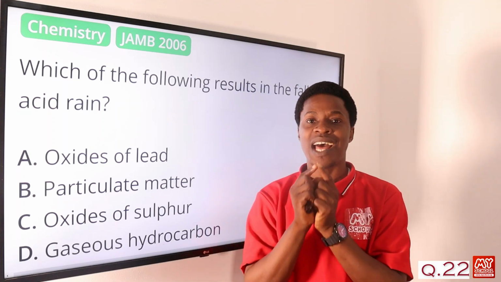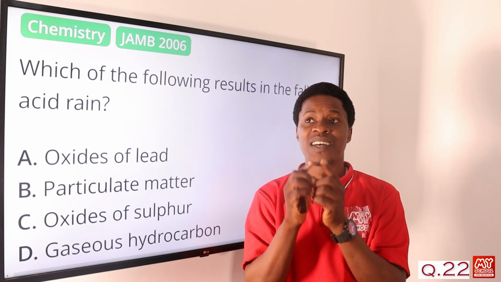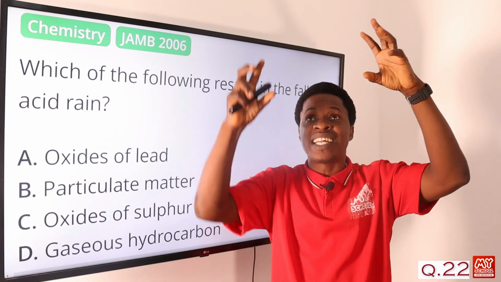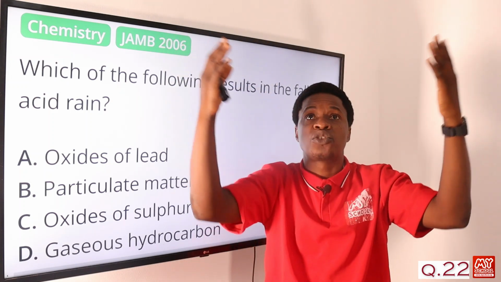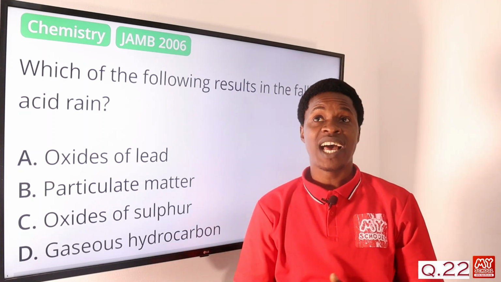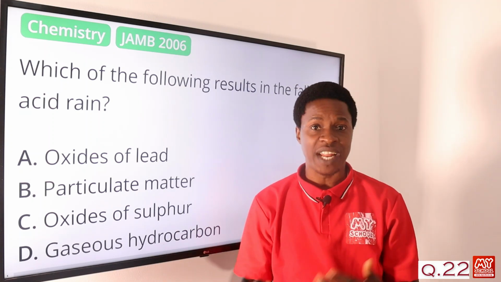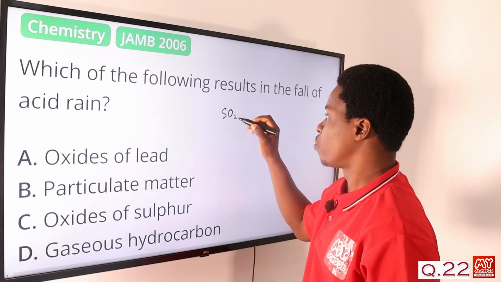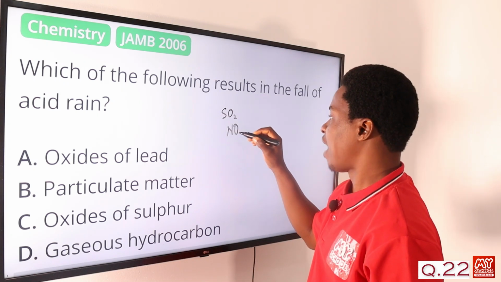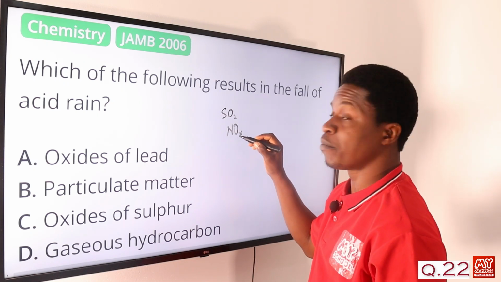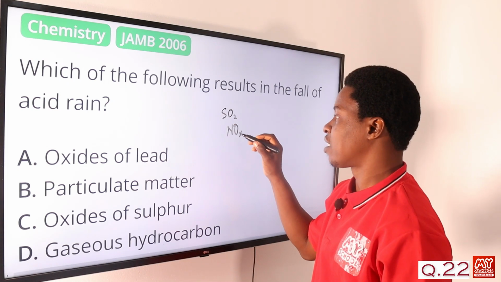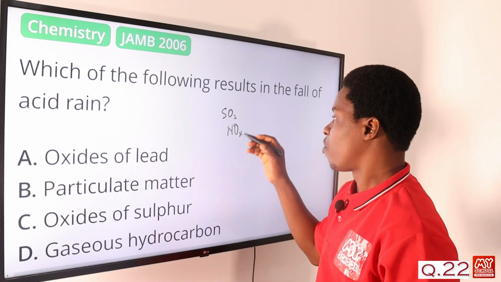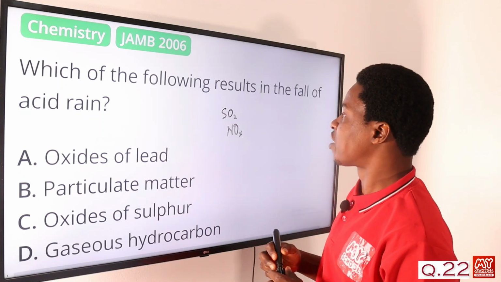How is it formed? Usually, we have pollutants in the atmosphere, like sulfur dioxide, SO2, and oxides of nitrogen, which we call NOx. The X means it could be 1, could be 2, whatever. So that's oxides of nitrogen.